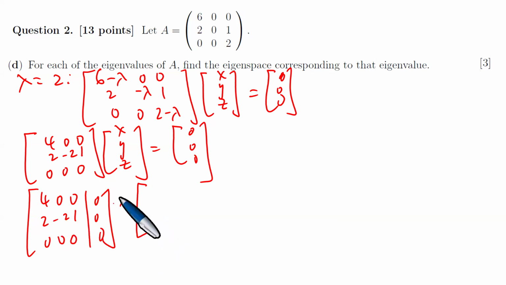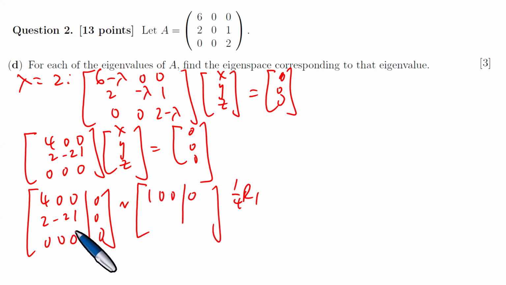At this point, you can multiply row 1 by 1/4, giving 1, 0, 0, 0. You can do whatever one likes. I don't like fractions, but you can multiply row 2 by 1/2, which gives 1, minus 1, 1/2, 0, 0, 0, 0, 0.